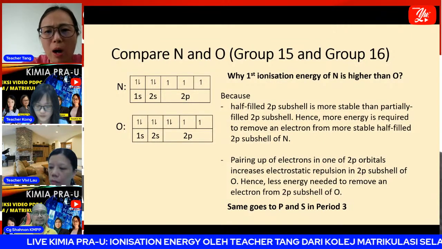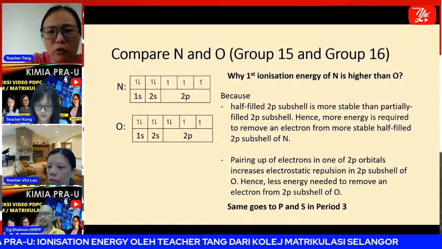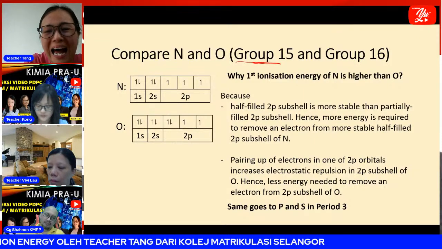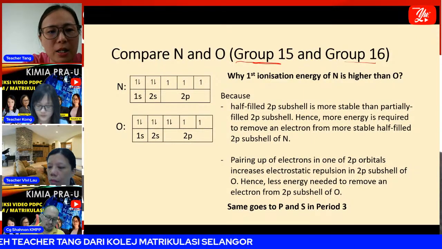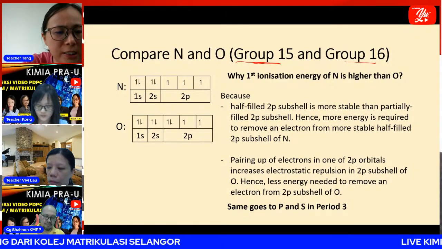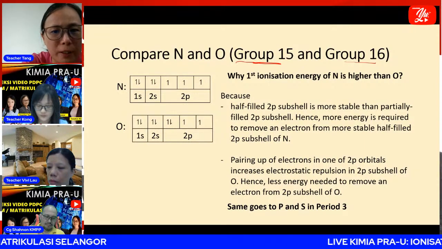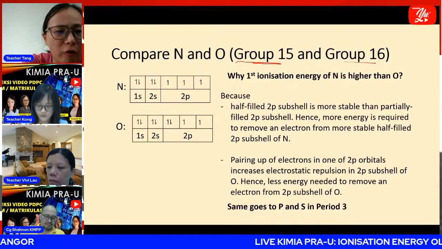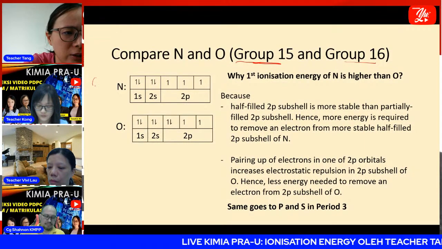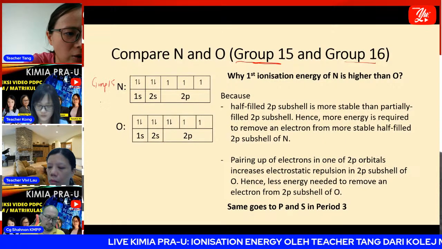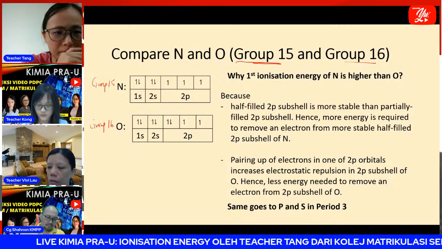So we shall look at why the first ionization energy for group 15 elements is higher than for group 16 elements. The example that I use here is nitrogen and oxygen from period 2. Nitrogen is a group 15 element, and oxygen is a group 16 element.